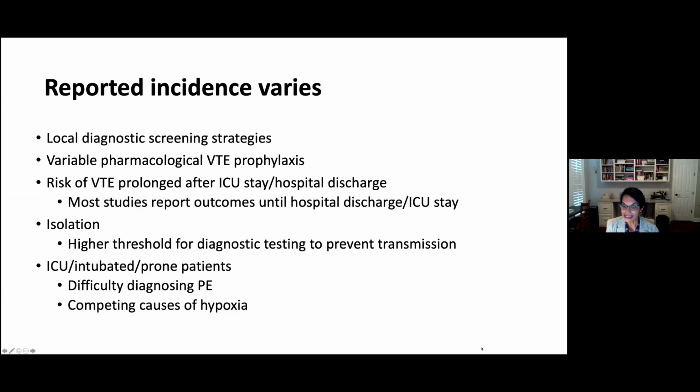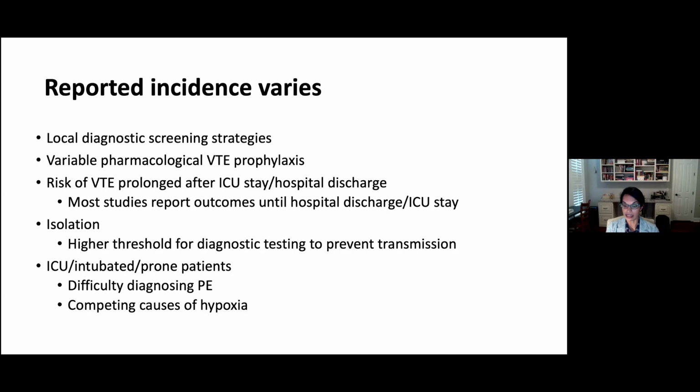The VTE incidence in studies varies for several reasons. Local diagnostic screening strategies can affect the rates of VTE incidence. Variable pharmacologic preventive strategies also can affect incidence rates. And both of these can usually overestimate the VTE risk.